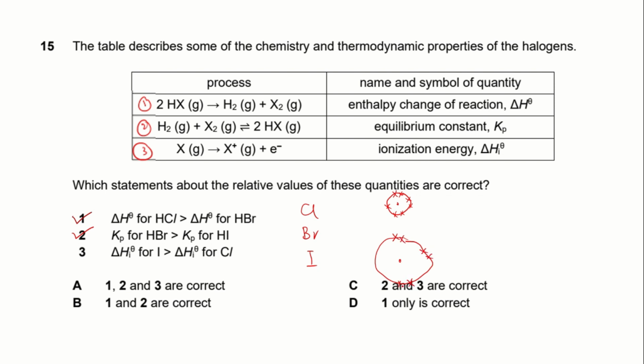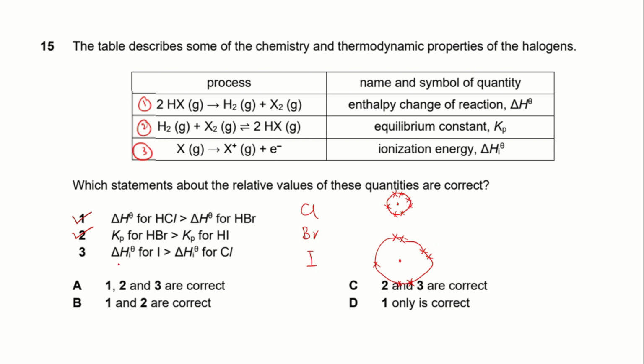Further away the electrons from the nucleus, weaker is the attraction between the electrons and the nucleus. So comparing these two, iodine needs less energy to remove its valence electrons to form a cation. So it has a lower ionization energy compared to chlorine.